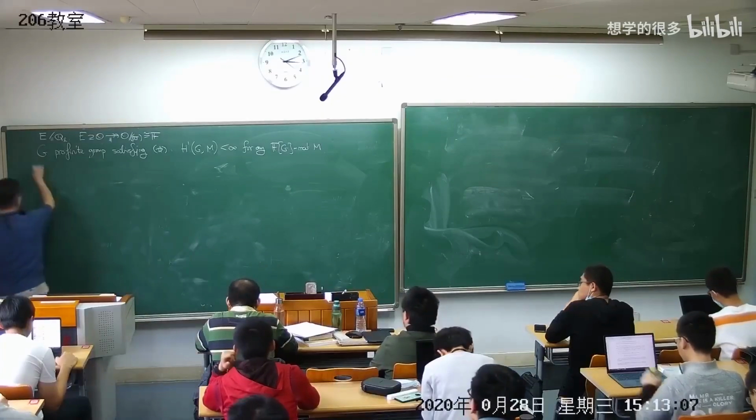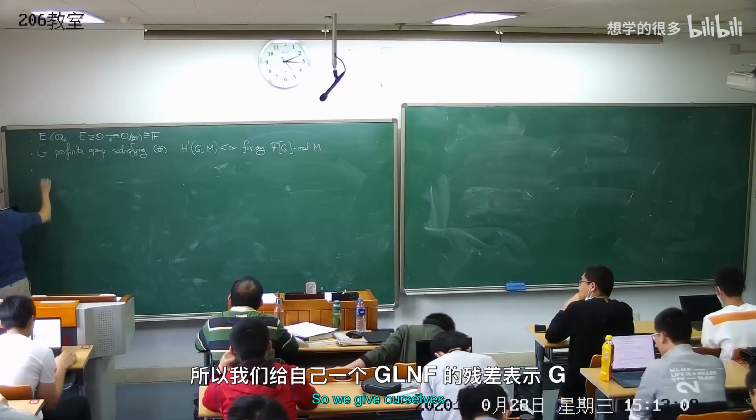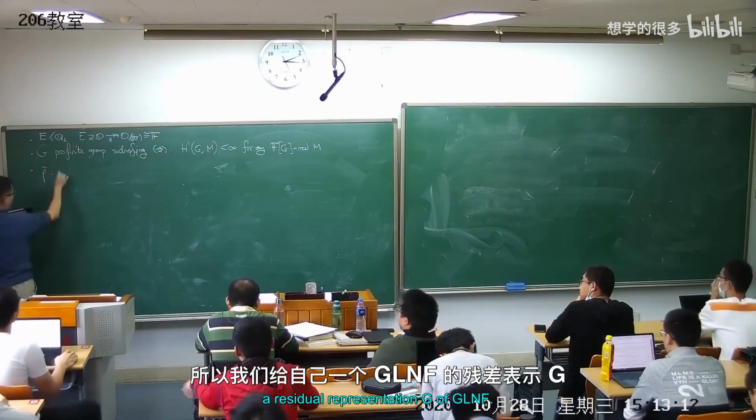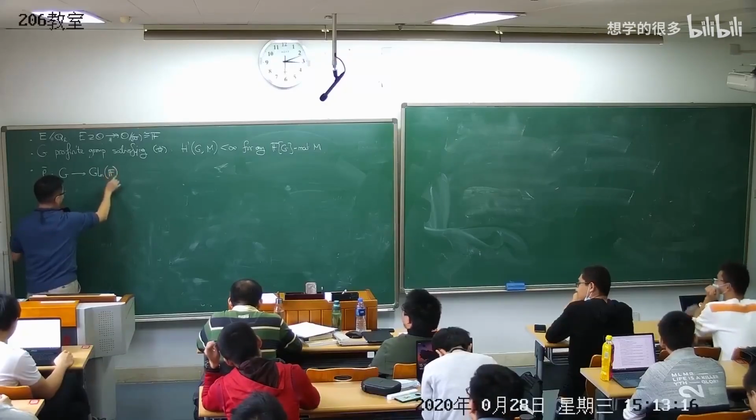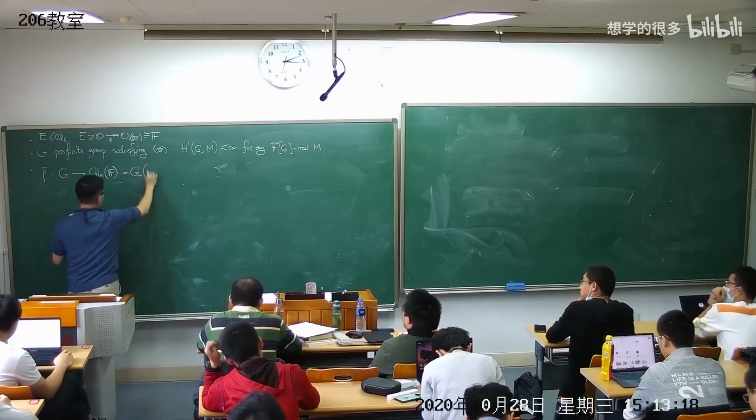So we give ourselves a residual representation G to GL_N(F). Sometimes I write it as GL_V.